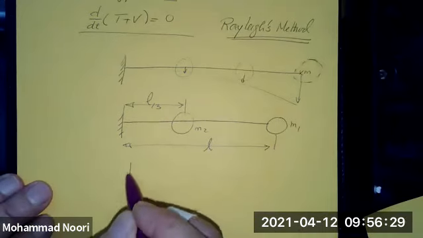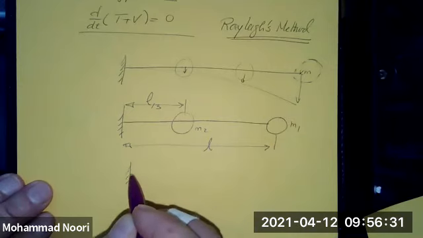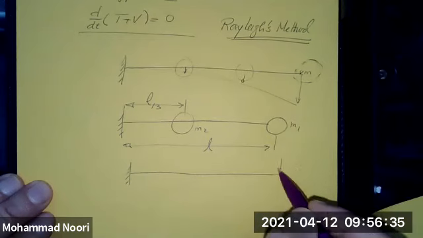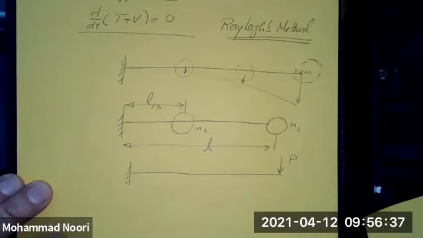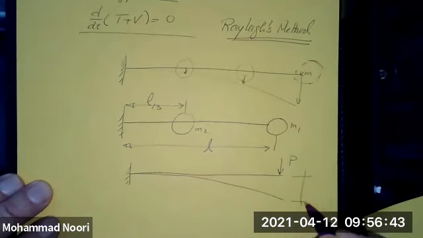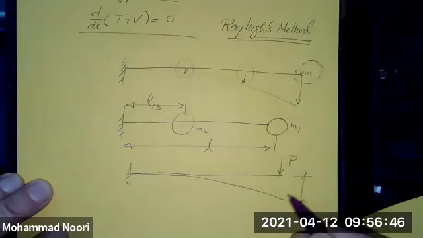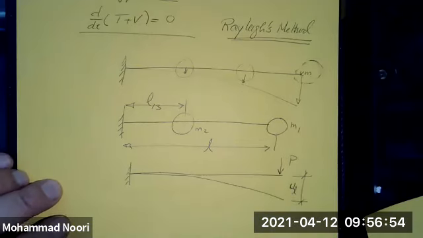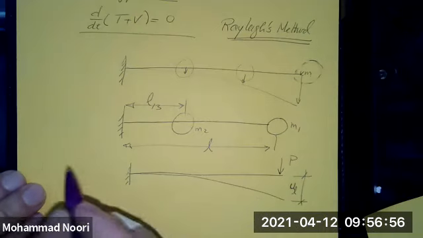He said, okay, if you have a beam subjected to a load P, static problem, right? And this beam is displaced at this tip a value, I call that U of L. What is U of L?